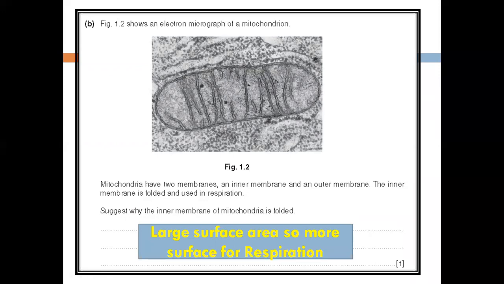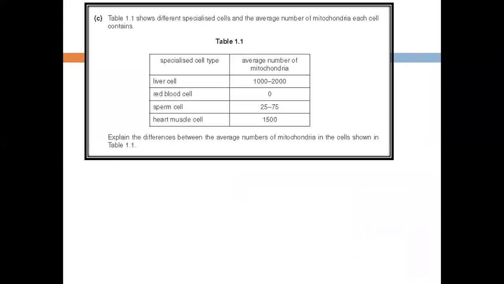All right. Now let's move toward another question. Table 1.1 shows different specialized cells and the average number of mitochondria each cell contains. The specialized cells given are liver cell, red blood cell, sperm cell, and heart muscle cell.